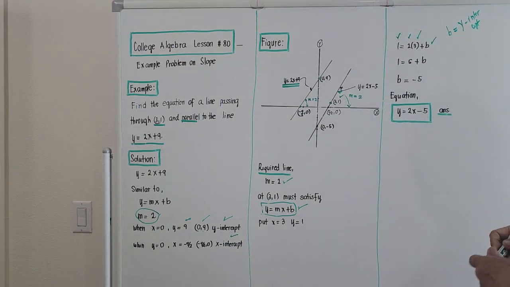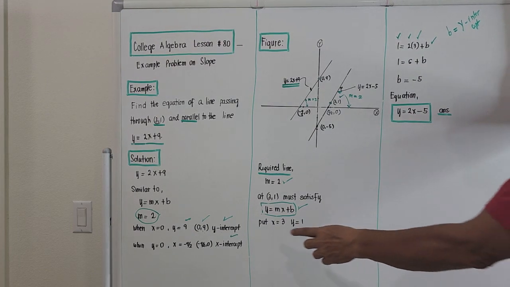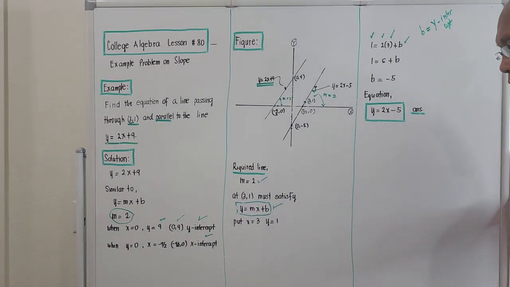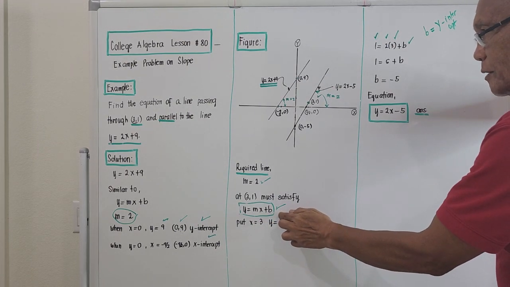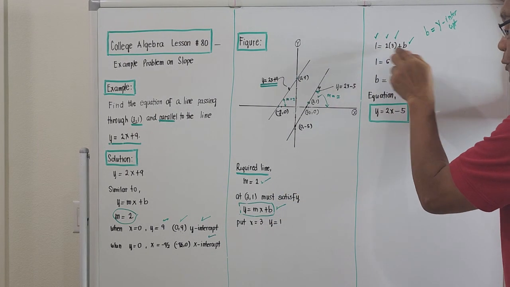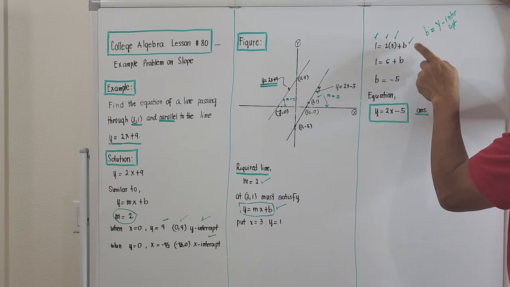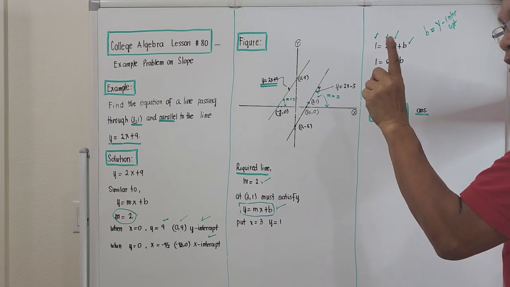So if we substitute x = 3 and y = 1 back here, this will be the resulting equation, and the only unknown now is the y-intercept of the required line.